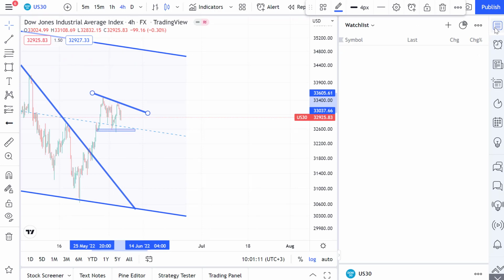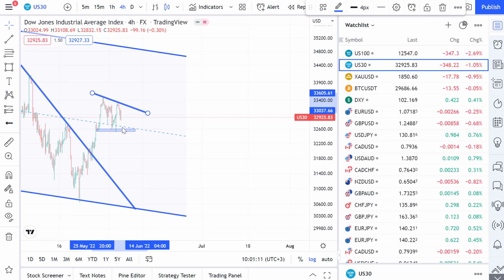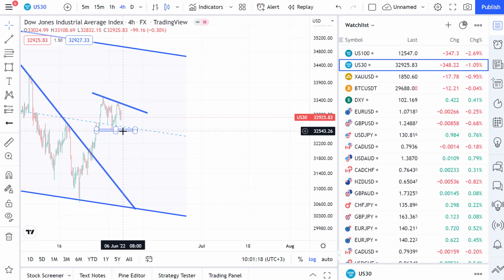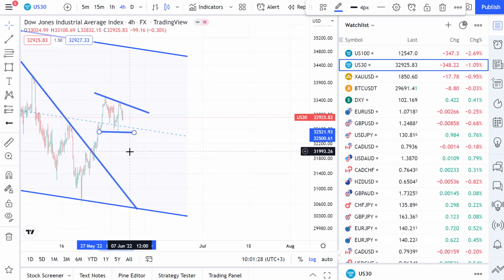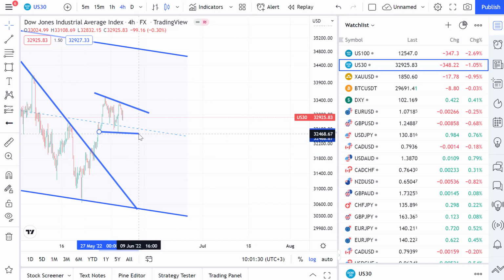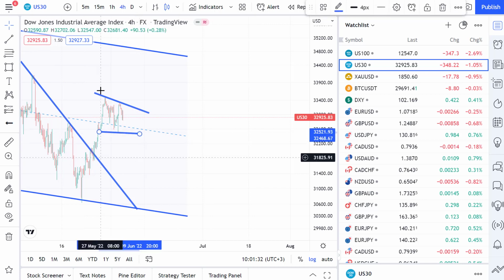Okay, now let me make it more beautiful for you. I just make the same for you, and yeah, it is something like a wedge. And what I myself think is going to be a breakout from the top, and we can see this zone again.